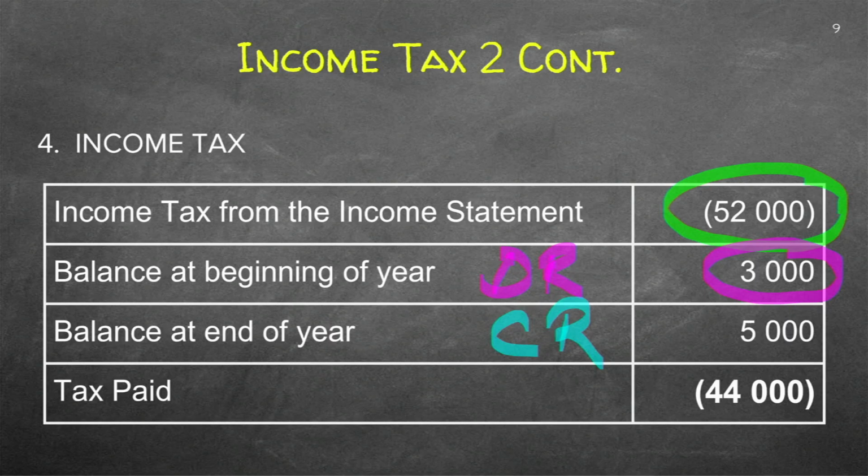So how much tax did we actually pay? We're simply going to say 52,000 minus my 8,000. I've got my 8,000 from saying 3,000 plus 5,000, which gives me my 8,000. And so 52,000 minus my 8,000 means that the tax I've paid during the current year is 44,000 Rand.